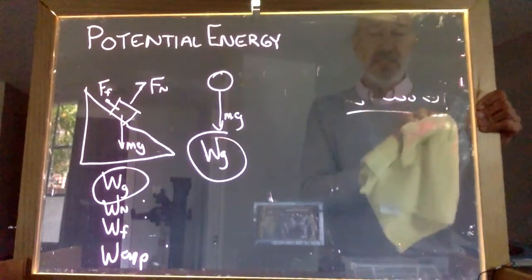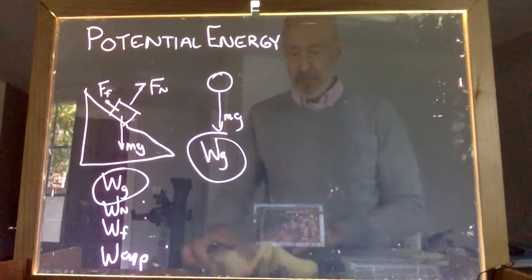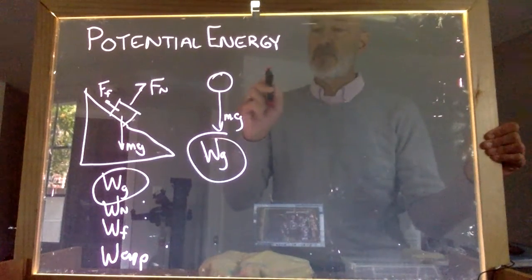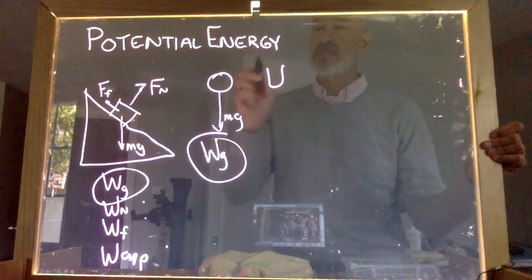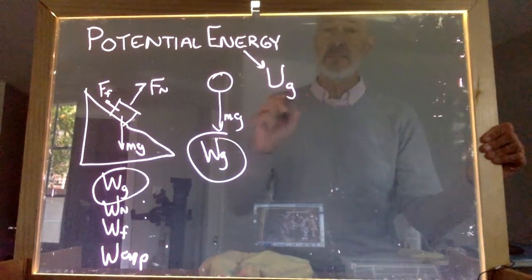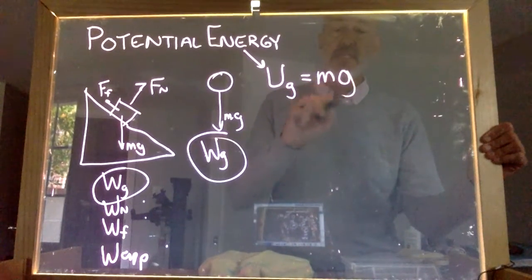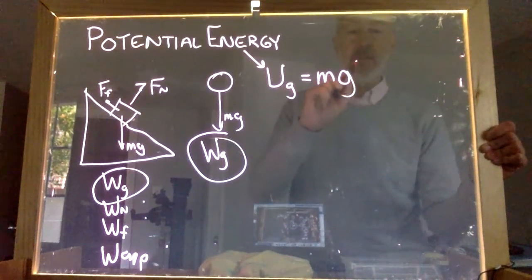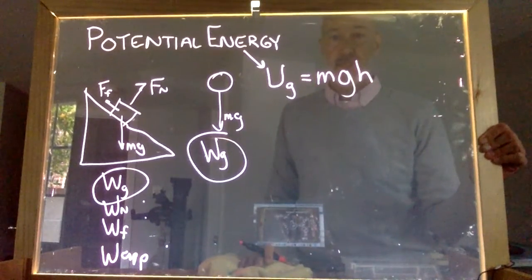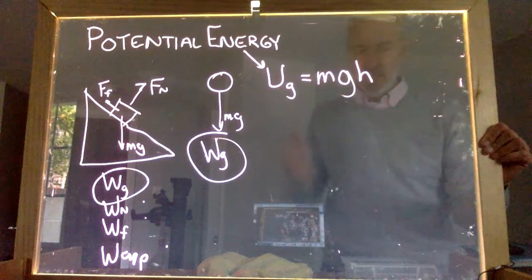Okay? And potential energy is nothing harder, nothing more complicated, and we write it as U is the potential energy. The gravitational potential energy is just the mass times g times the height above some reference point, okay? And when I say some reference point, I'm not trying to be mysterious. Let's think about this.